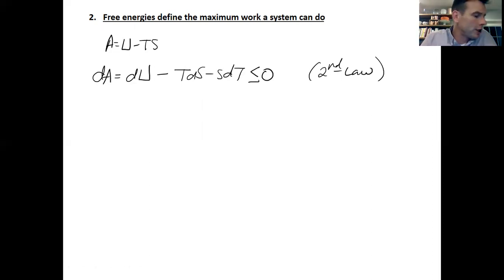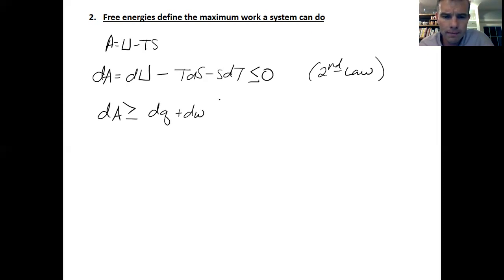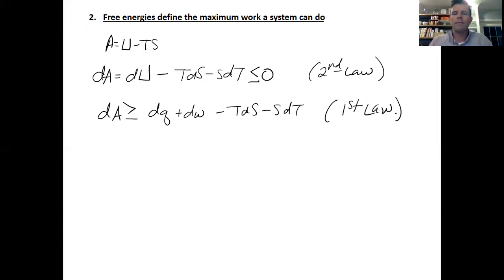I'm going to do some rearranging. Right? So I'm going to bring the dA over here. This will switch signs. dA is greater than. In place of U, I'm now going to use the first law of thermodynamics, which tells me that this is dQ plus dW minus TdS minus SdT. What I want to do here is deal with dQ.